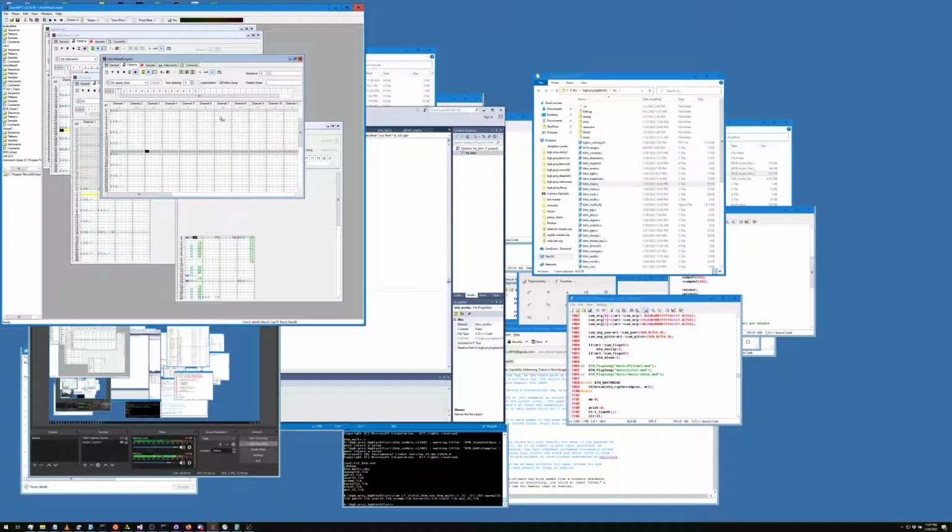This one was done in another format that's supported by OpenMPT, but not by my code. Not sure if anyone would have recognized it.